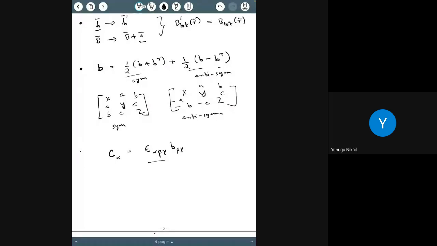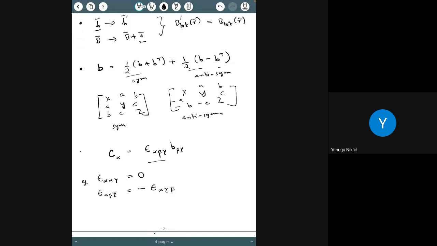So if you have any 2 repeating indices, for example, that is 0. If you have epsilon alpha beta gamma, that is equal to minus epsilon alpha gamma beta. So if you interchange 2 indices, you get a negative sign.